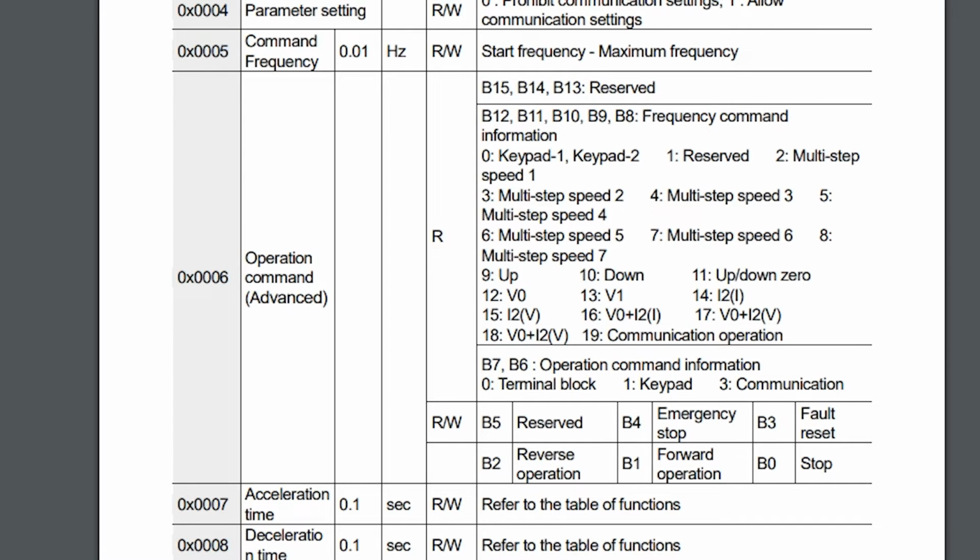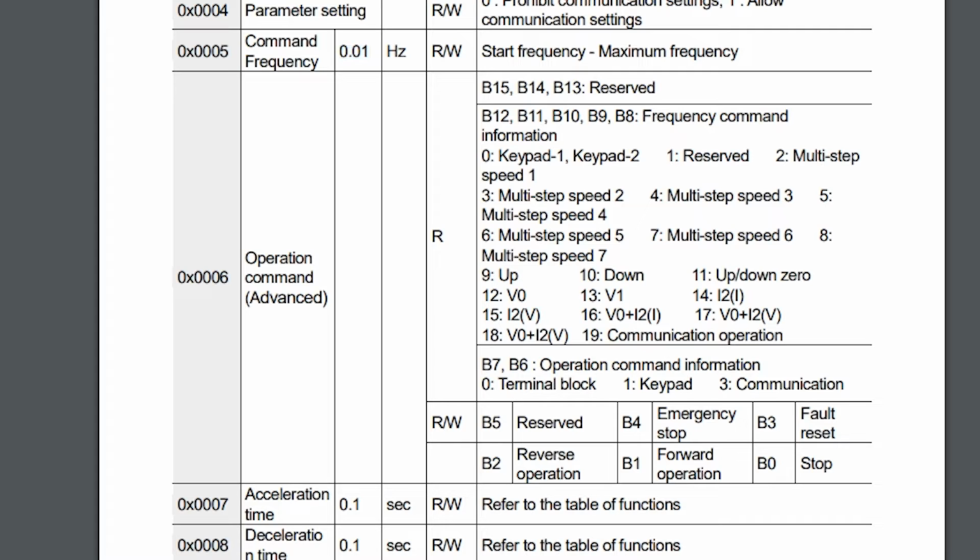Well, the first one is fairly obvious. It's just the frequency. One thing to note is this multiplier here. We can only send integers over Modbus, well, in this incarnation anyway. So if we wanted to, say for example, put a frequency of 12.34 Hertz, we would actually put the integer 1234, and inside the VFD that is going to get divided by 100 to give us 12.34.